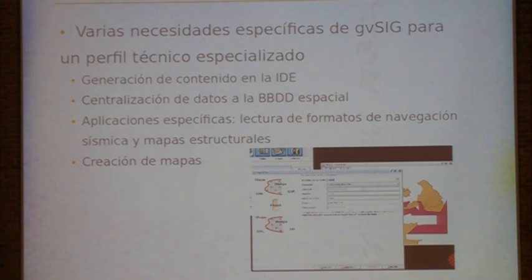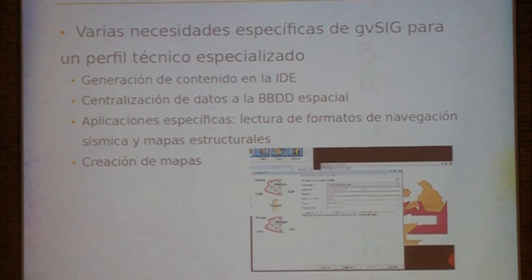So what is gvSIG doing here? gvSIG is a platform which is now mature and is going to save a lot of time, effort, work and money, of course, when providing a solution, for instance, in order to generate the contents of a spatial data infrastructure. For the PVD they already had a structure.